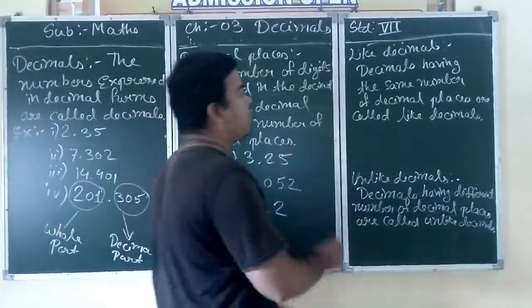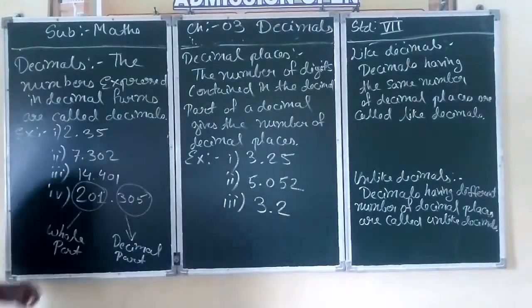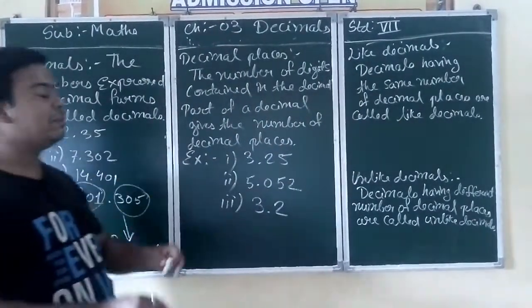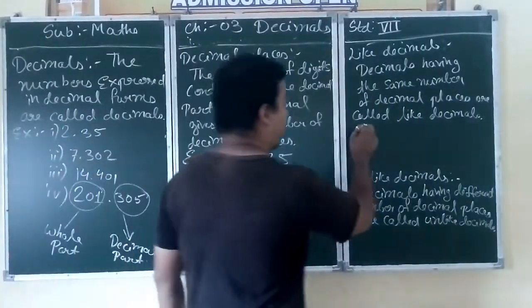After this we move to like decimals. What do we call like decimals?